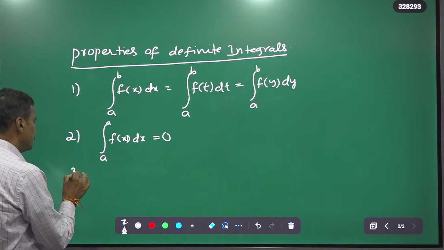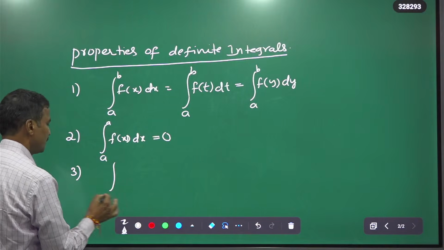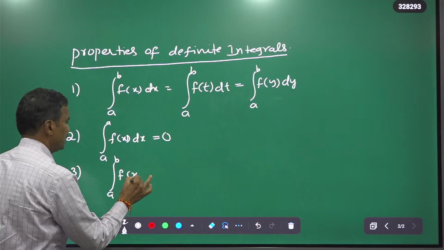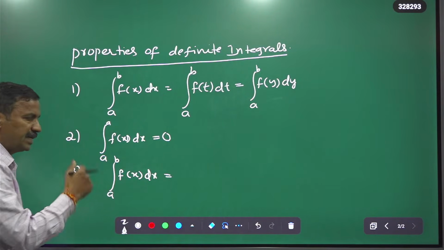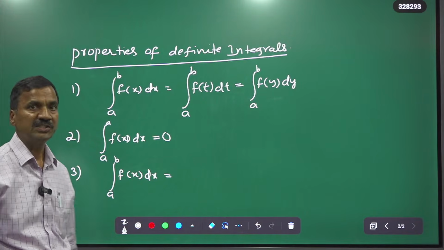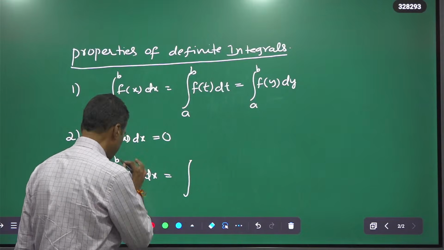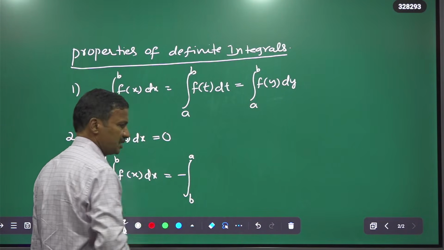Similarly, the third property is that if you interchange the limits, then the sign changes. Suppose a to b is there, and if you write the limits as b to a, then we get minus.